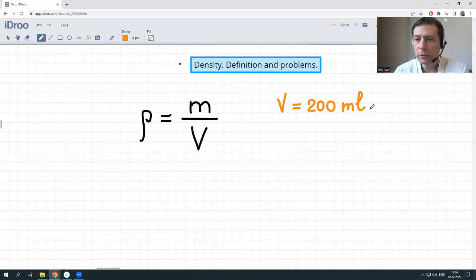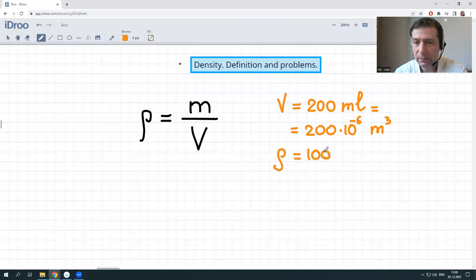So to transfer it to cubic meters, we should multiply by 10 to the negative 6th power. Then it will be cubic meters. The density of water is 1,000 kilos per cubic meter.